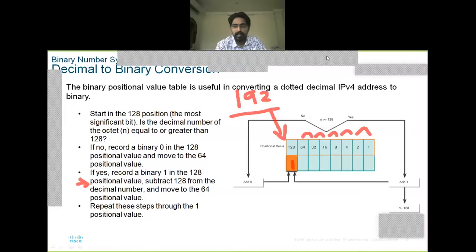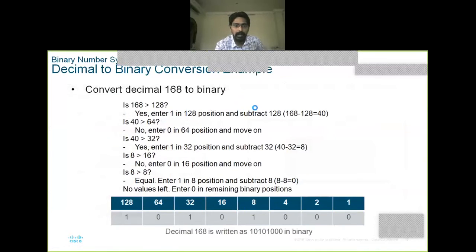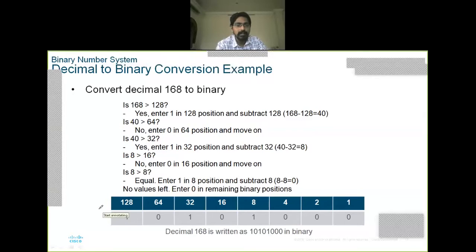I think they had given you some examples. Convert the decimal number 168 to binary. What is the first step? Start with the highest position, 128, and compare: is 168 greater than or equal to 128 or not? Yes, it is.